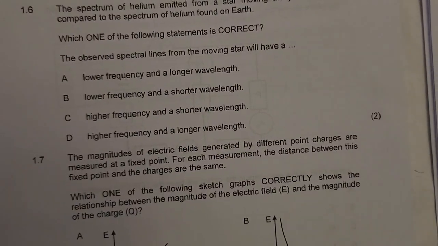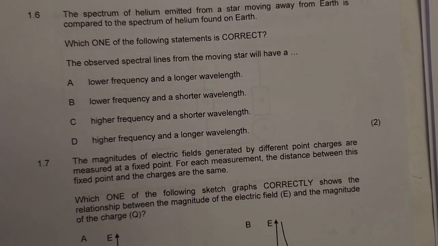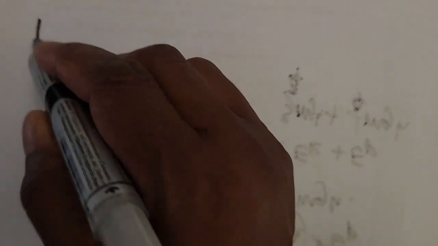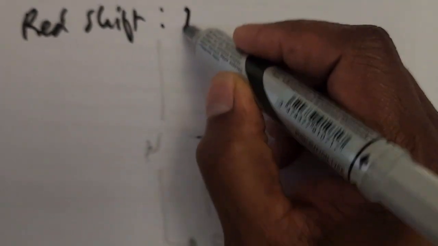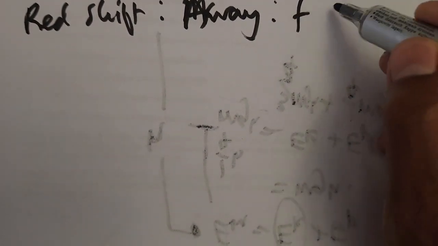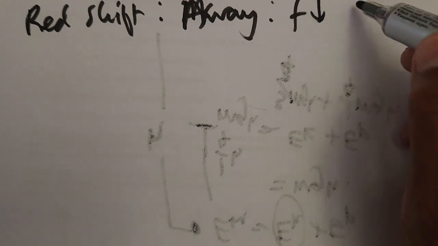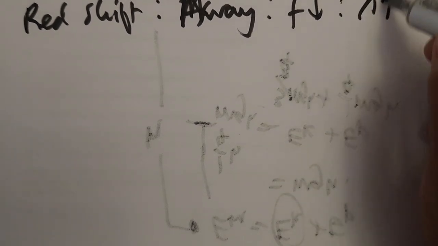Remember, when we move away, that's your redshift. In a redshift, in a nutshell, the movement is away, the frequency will be smaller, and the wavelength will be higher.